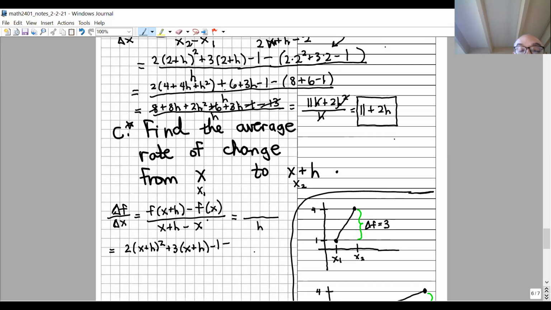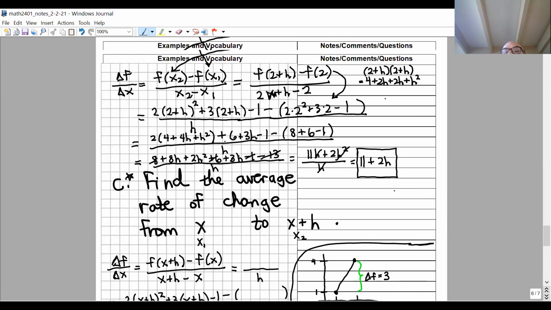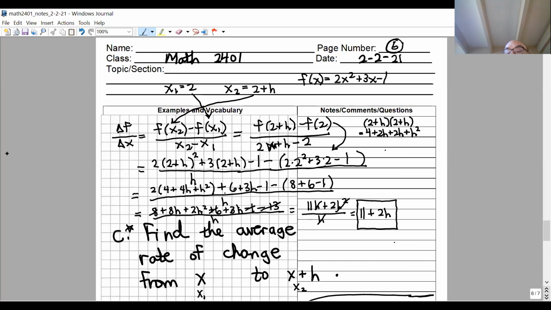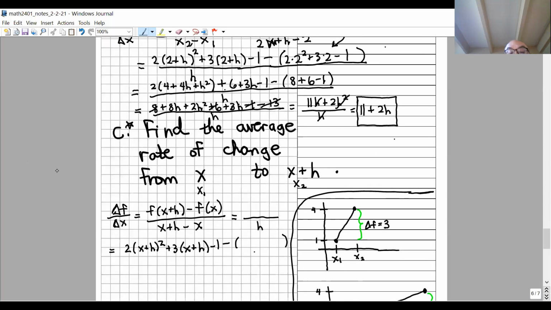And now we subtract off f of x. Remember, you want to put that in parentheses. But f of x is just the function formula. So you just have to plug in here the function formula, which is, I wrote it down wrong, it's 2x squared plus 3x minus 1.